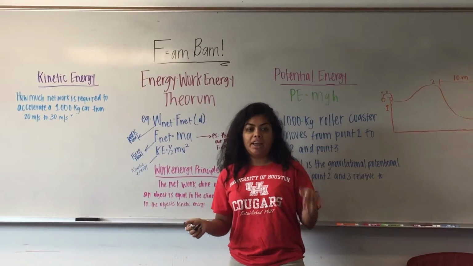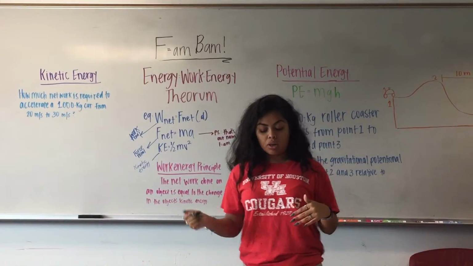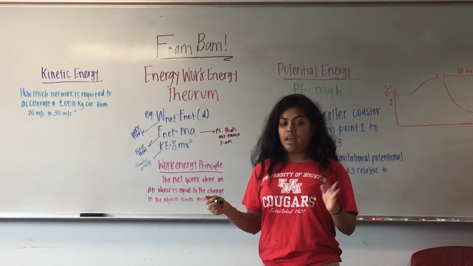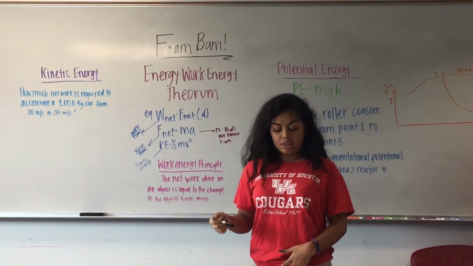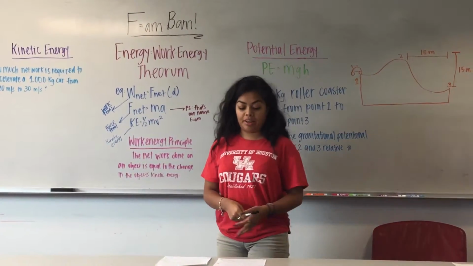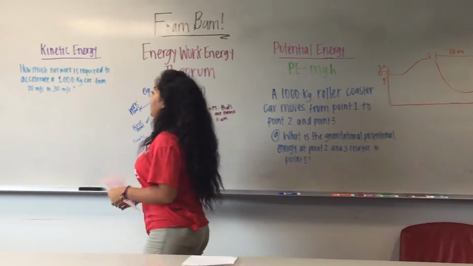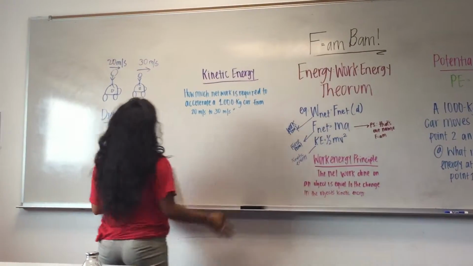The same goes for the negative: if negative net work is done on an object, the kinetic energy decreases. Kinetic energy is a scalar quantity. Alright, so we're going to go over an example for kinetic energy.